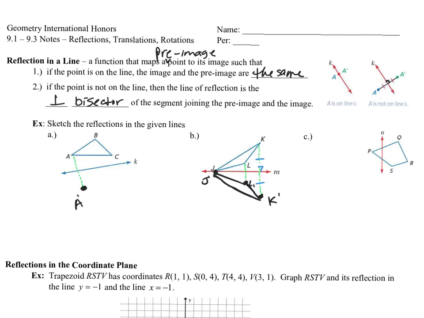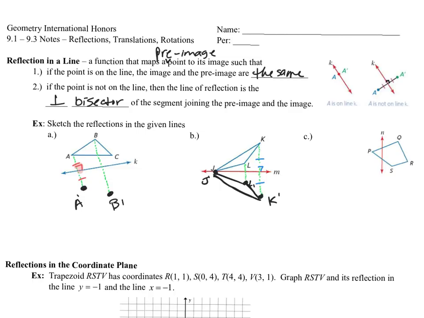Okay, and you can see again that line K is the perpendicular bisector of this segment that connects A to A prime, and then B prime would be right about here.